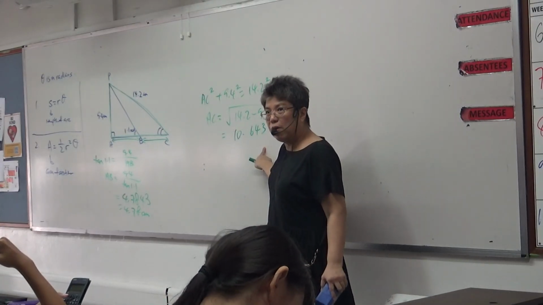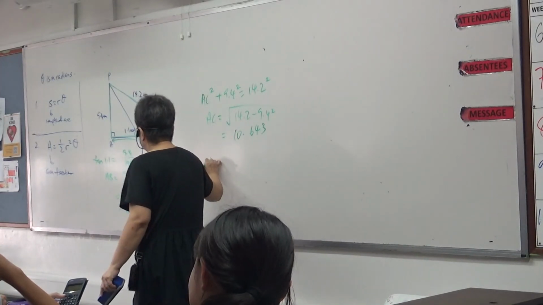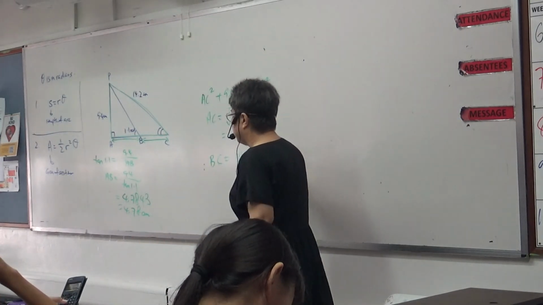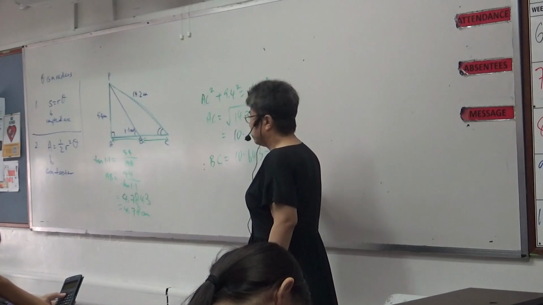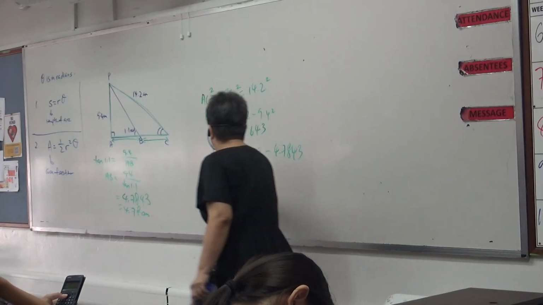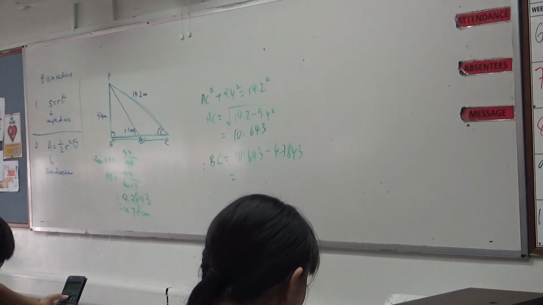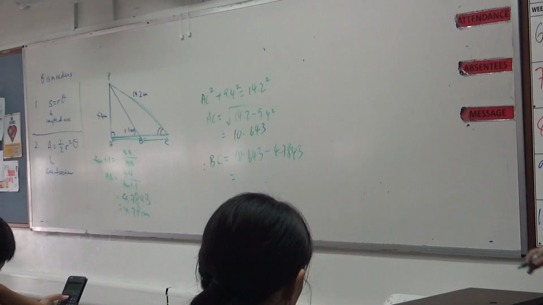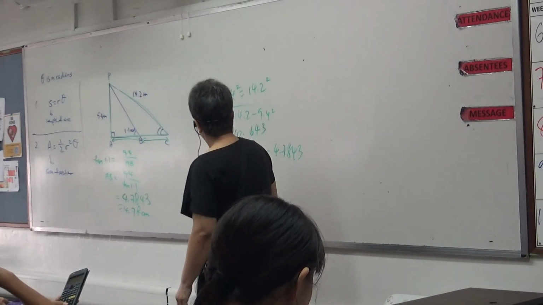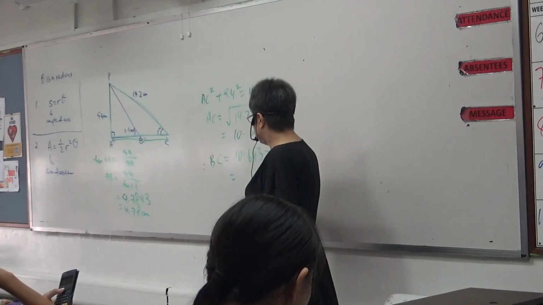Is this 10.643? Yes or no? Now, if AC is 10.643, how would you find BC? 10.643 minus 4.7843, right? Okay, subtract for me now. I want the answer on the calculator first. Okay? So what's this answer?